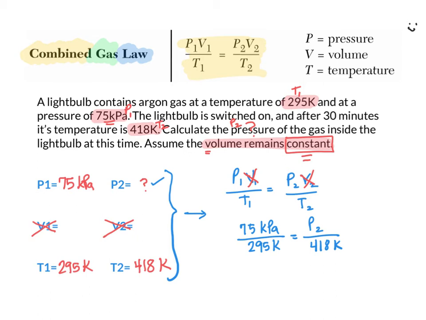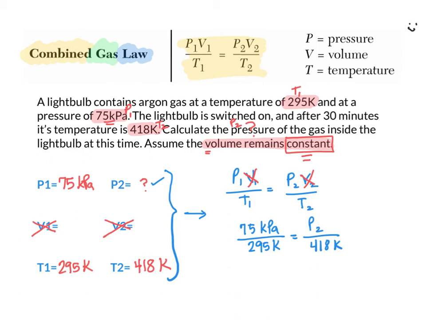So now that we're here, what do we do? Anybody remember cross multiplying? Or actually, what you typically do is the opposite operation. You're going to work on both sides and try to leave the pressure variable alone.